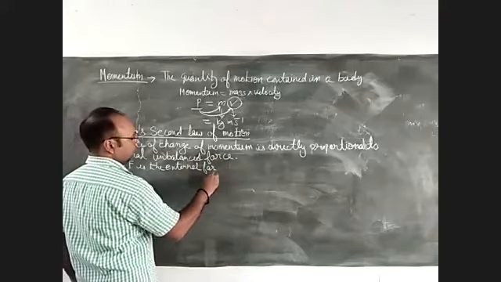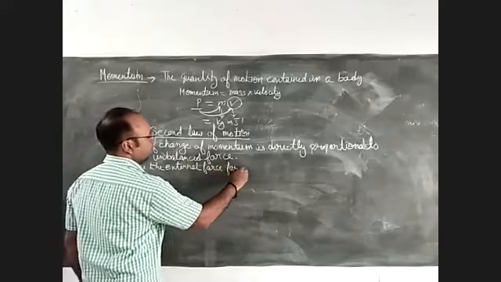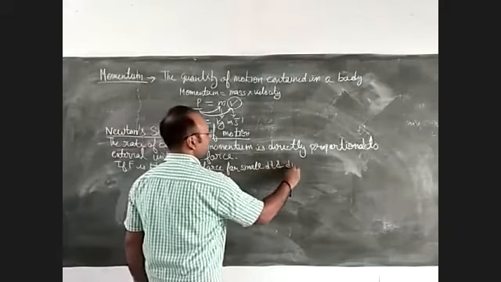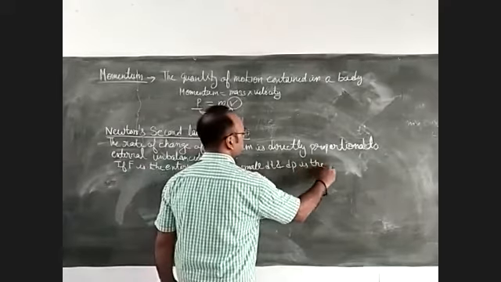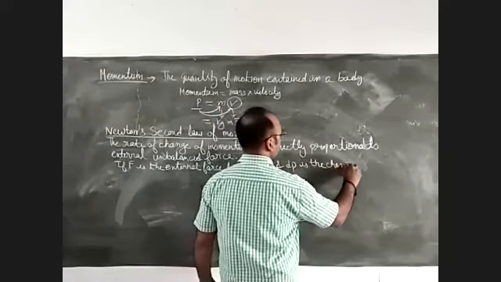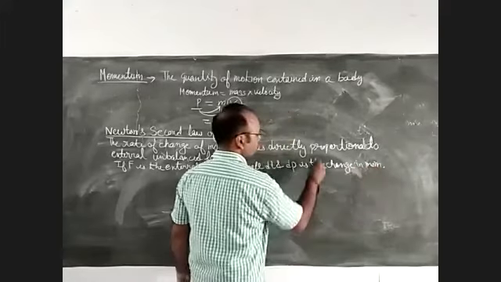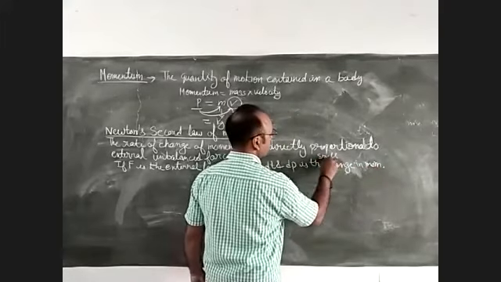for small time dt, and dp is the change in momentum. Instead of change, we can mention small change.